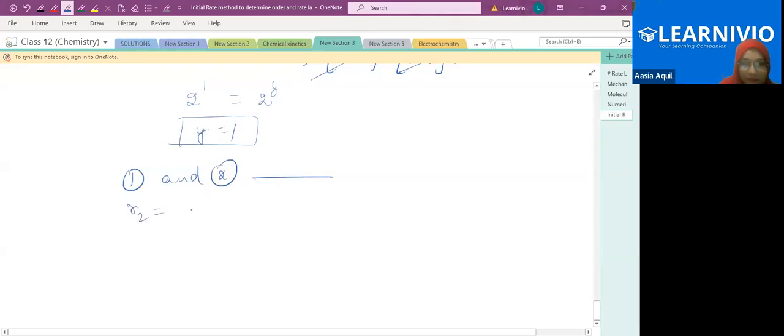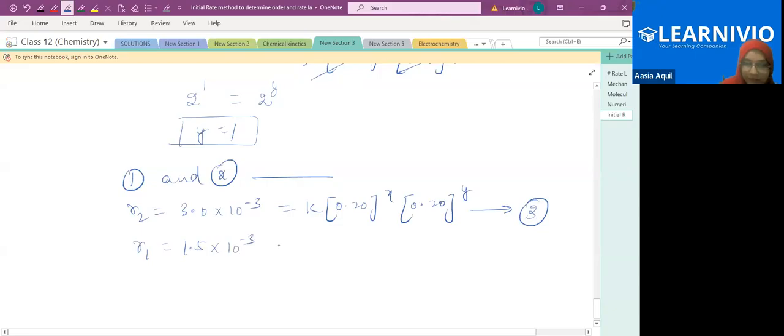R2 is 3.0 into 10 raised to power minus 3, and R1 will be equal to 1.5 into 10 raised to power minus 3.